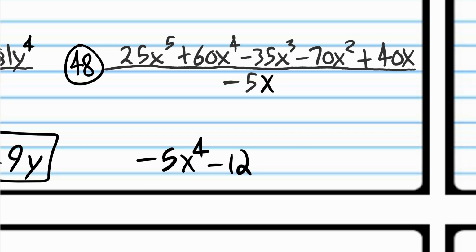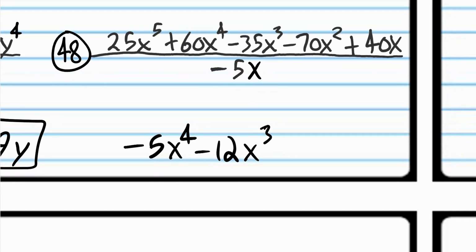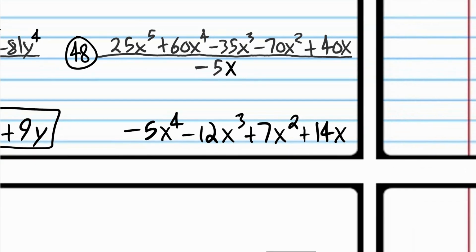X to the 4th divided by x is x cubed. Negative 35 divided by negative 5 is positive 7. X to the 3rd divided by x is x squared. Negative 70 divided by negative 5 is positive 14. And again, just reducing the exponents by 1 unit.